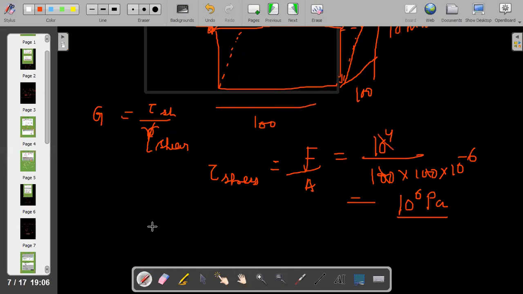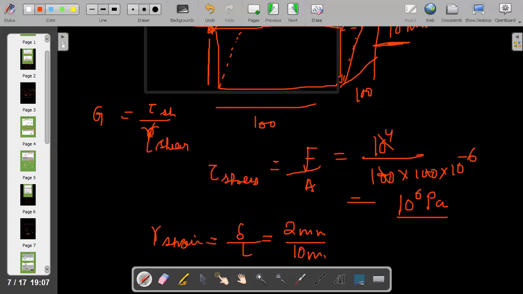Now the shear strain. How much will be the shear strain? Delta upon L. Delta is 2 mm. What is the length on which the force is applying? 10 mm.